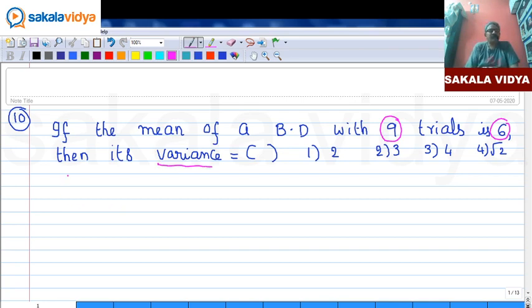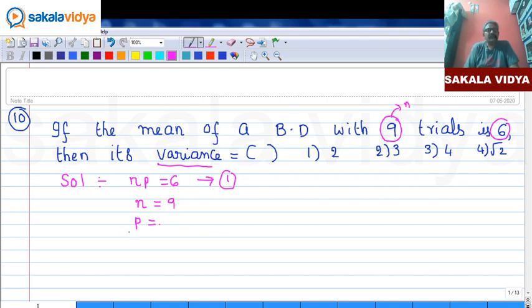So, solution here first. What is given here? NP is equal to 9 given, equation 1. Number of trials n is equal to 6 given. Sorry, one minute, I have taken it reverse. With 9 trials means n value is 9, and the mean NP is equal to 6.